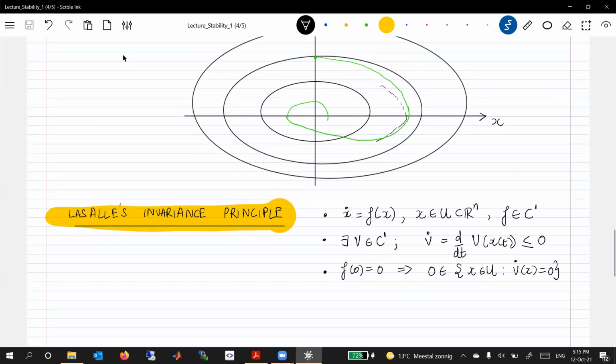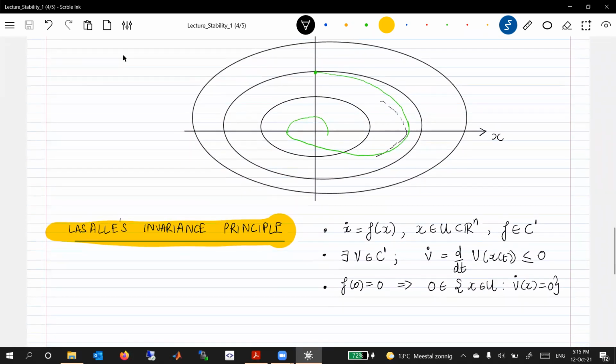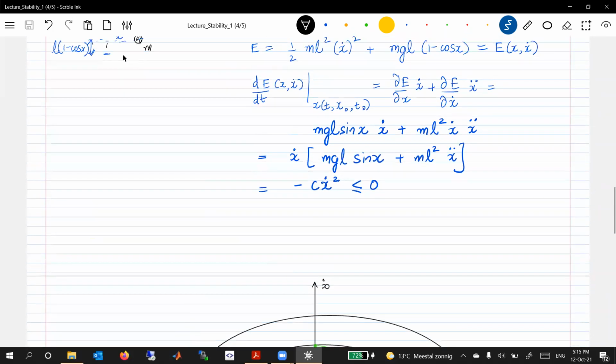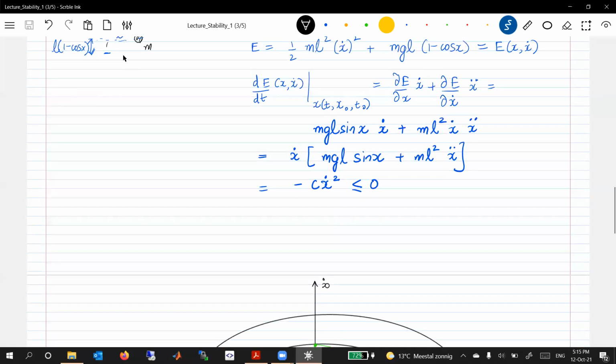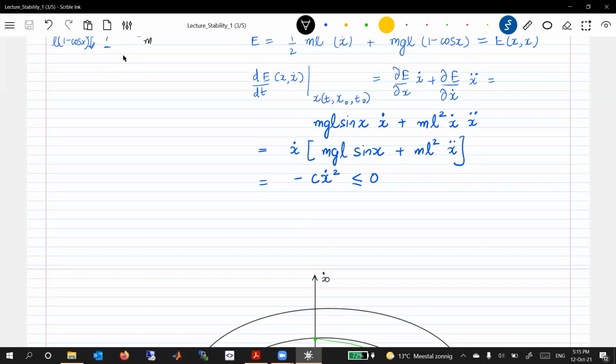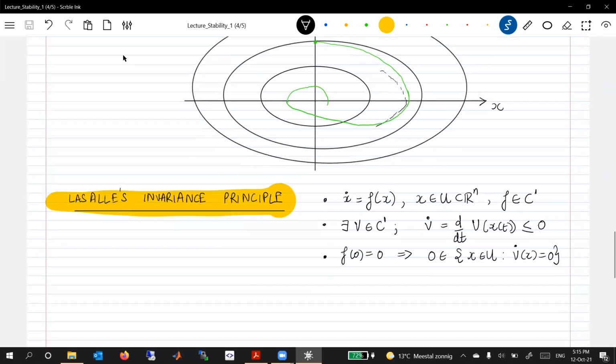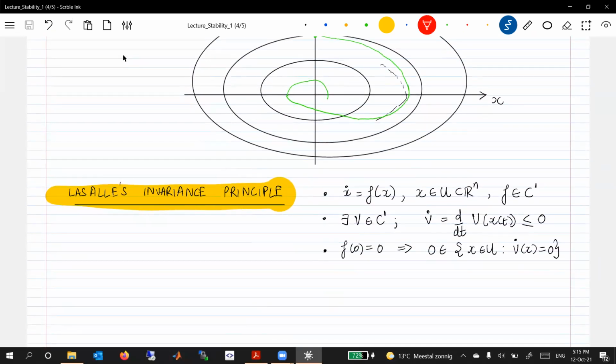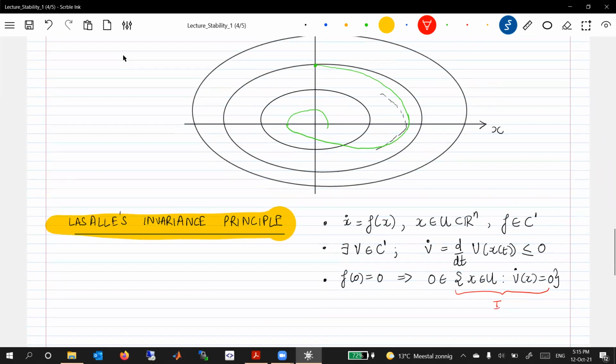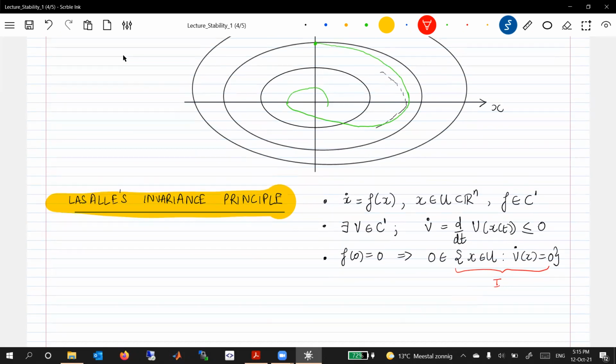So what is the set of points where V dot is vanishing in our case? In our case, if we treat E to be V, then V dot is vanishing precisely when X dot is 0, right? So in our case, let's call this set I, the set of points where V dot is 0, would be the entire x-axis.